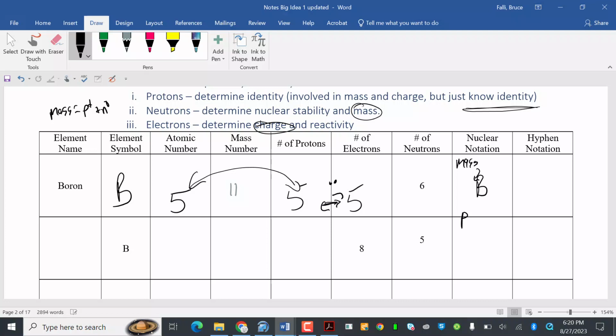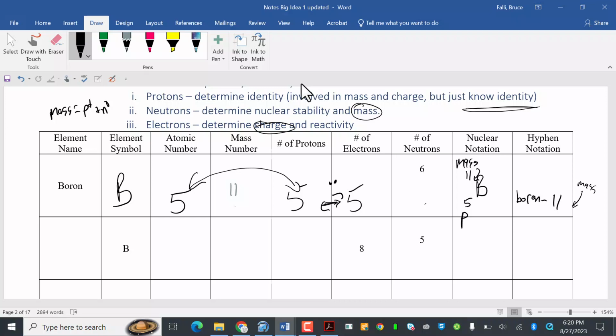My mass number for boron is 11, right? So if my mass number is 11, I have 6 neutrons plus 5 protons. My number of protons down here is 5. I could also use atomic number for that. Hyphen notation, which nobody calls it that. That's okay. Boron 11. Notice how this right here is the mass.